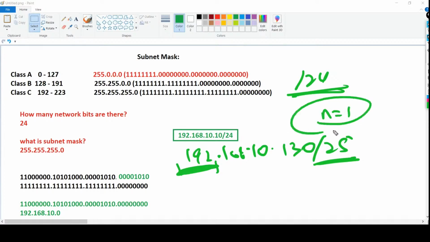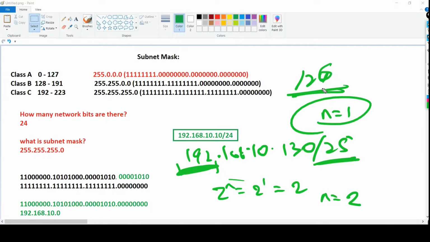If you borrow 1 bit from the host bits, how many networks will you get? 2 to the power n, that will be 2. That means your main network is divided into 2 parts. If n equals 2, that means the slash is /26, meaning you have borrowed 2 bits from the host portion.